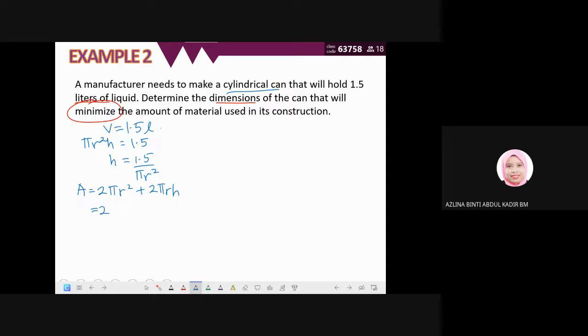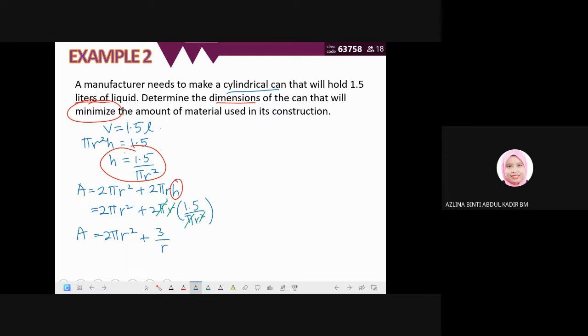So how do we do it? You substitute H into this one, so you make it one variable. A equals 2 pi r squared plus 2 pi r times 1.5 over pi r squared. Simplify, cancel out pi r. So we have 2 pi r squared plus 3 over r.